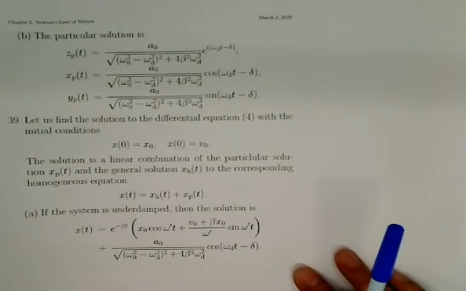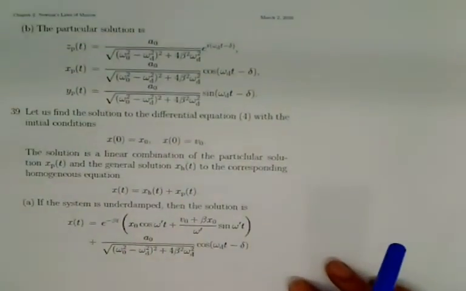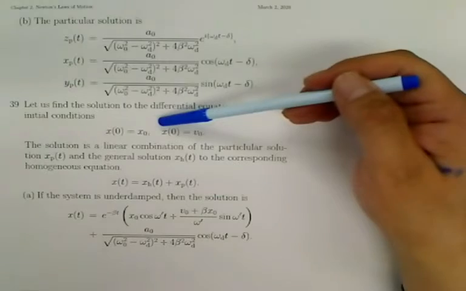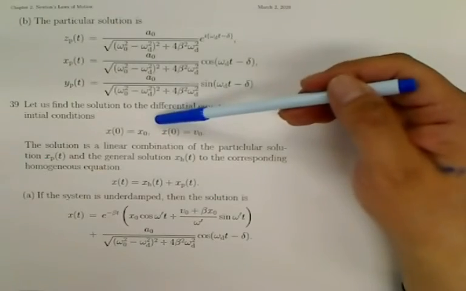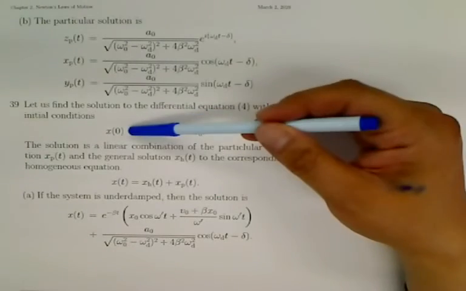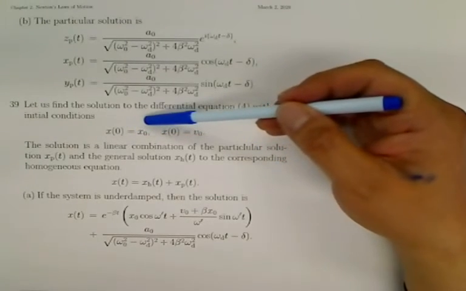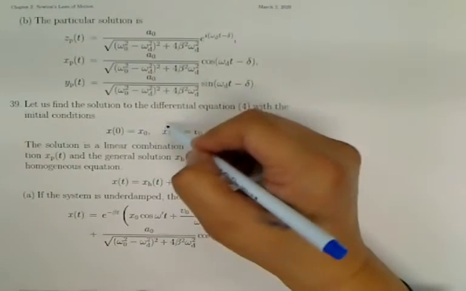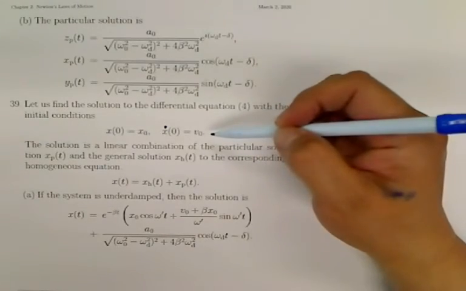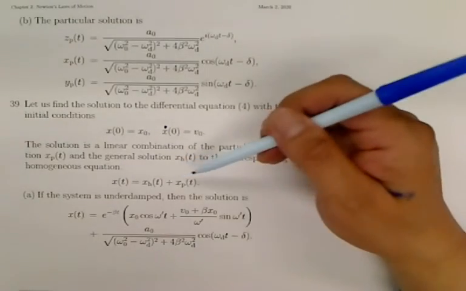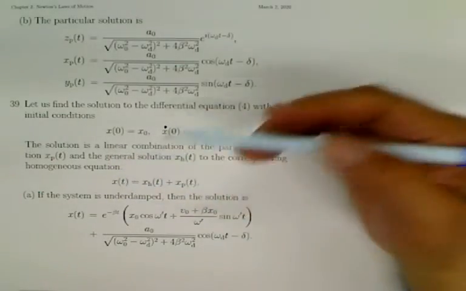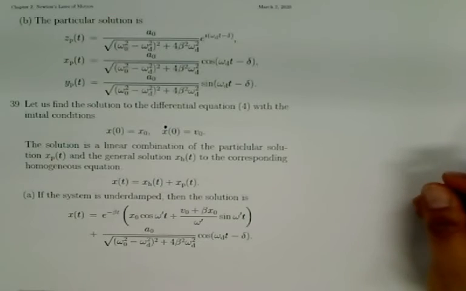We can make use of this result to find the exact solution by imposing the initial conditions. Once the initial position x0 and the initial velocity v0 are determined, the homogeneous equation and the particular solution contribute to form the general solution.